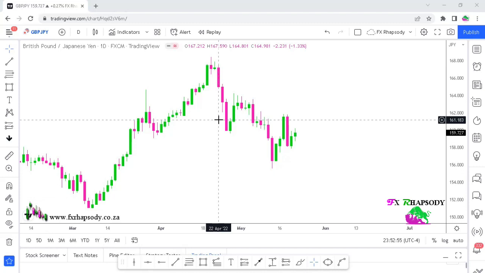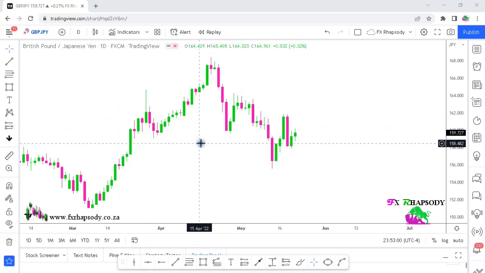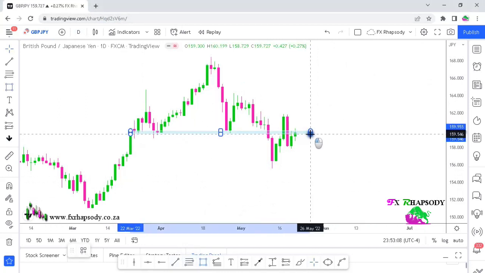Okay, so let us hit the charts. We're going to start off with the British pound Japanese yen. On a daily time frame, what we can see is there is a key area that has been broken and revisited by the pound.